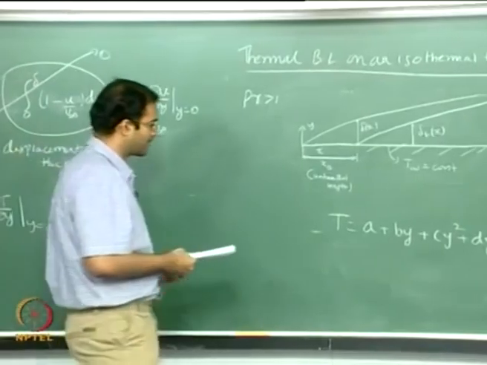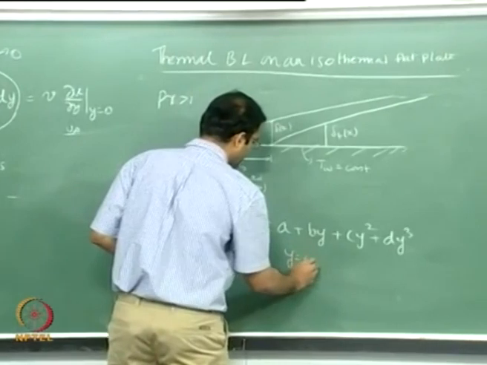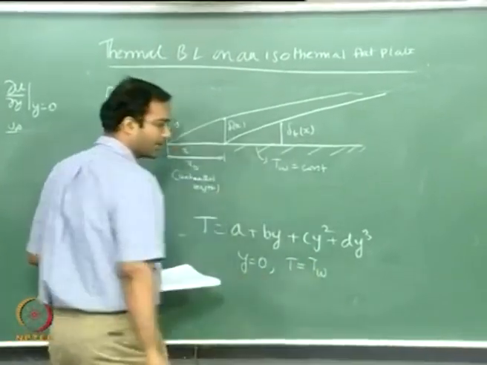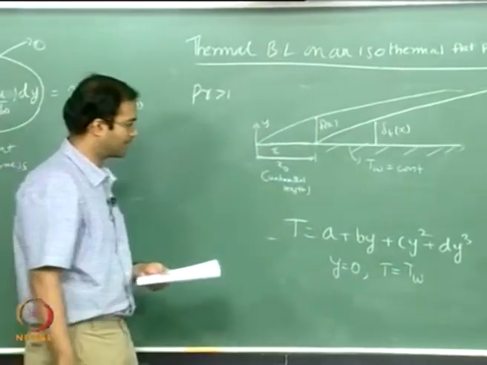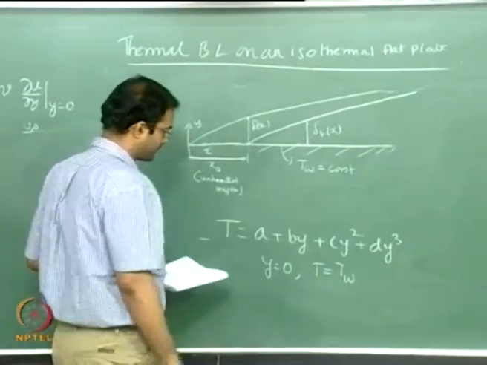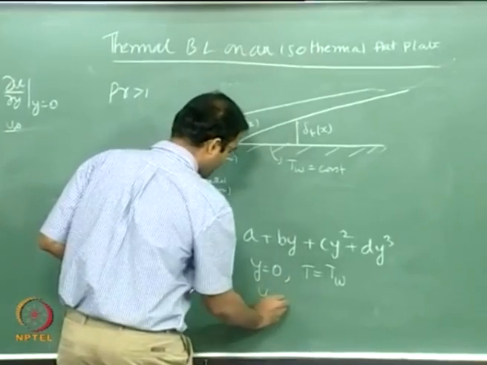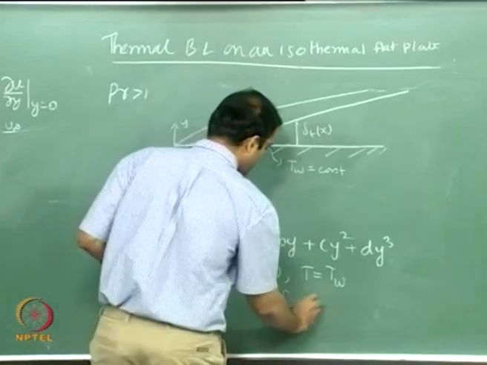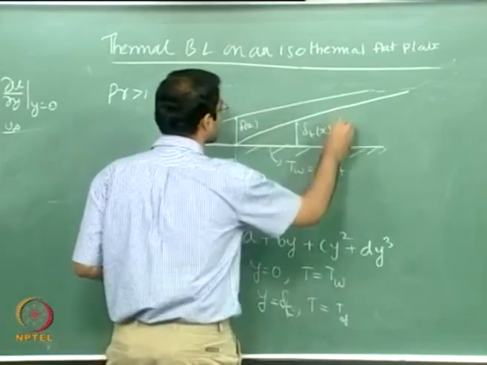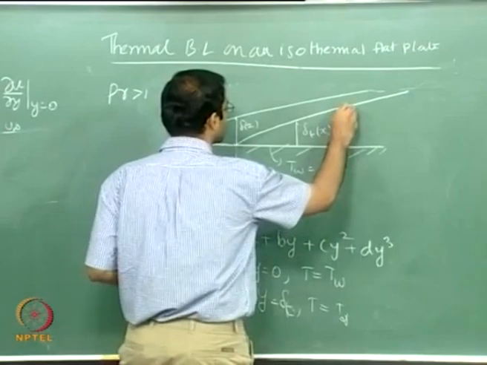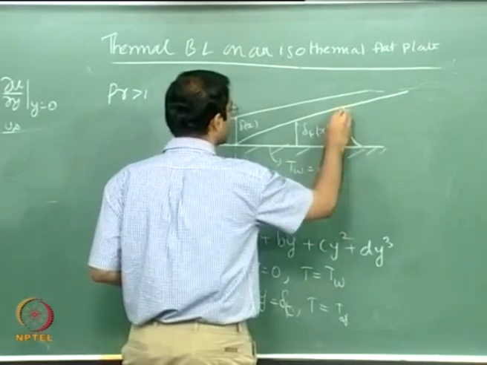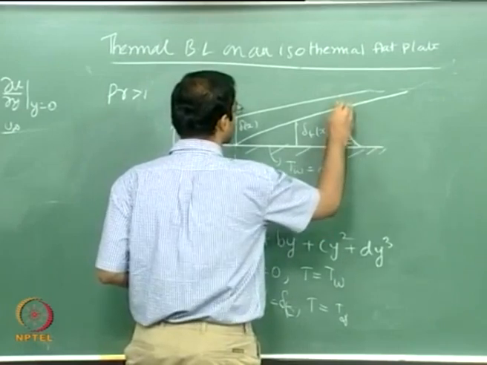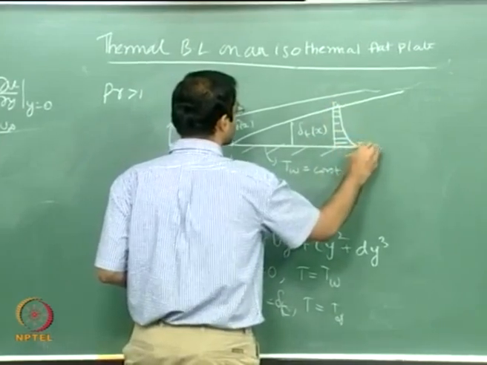Now you have to tell me which boundary conditions can be applied to satisfy this. At y equal to 0, T equal to T wall. This is still dimensional; I am not going to non-dimensionalize. And then at y equal to delta t, T equal to T infinity, because suppose you are assuming that your T wall is greater than your T infinity, so this is your T infinity, this is your T wall.